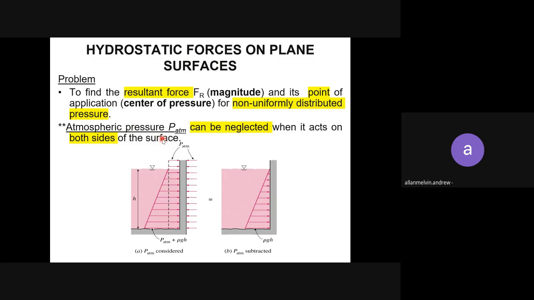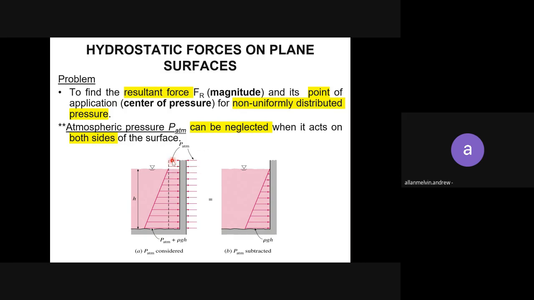There's a statement here: atmospheric pressure (PATM) can be neglected when it acts on both sides of the surface. So meaning, you have a situation like this where one side is totally exposed to atmospheric pressure, and in this figure, part of the figure is exposed, so there is atmospheric pressure on both sides.